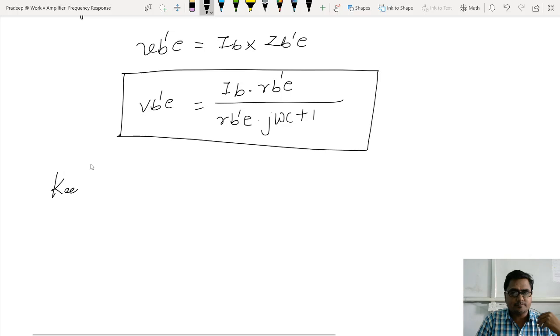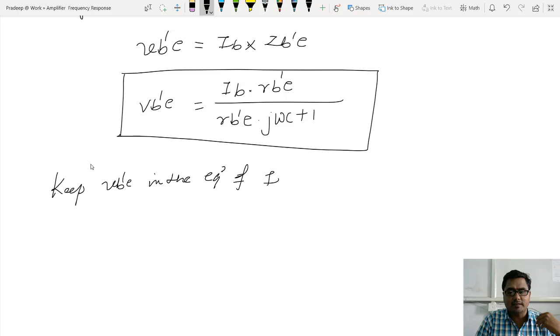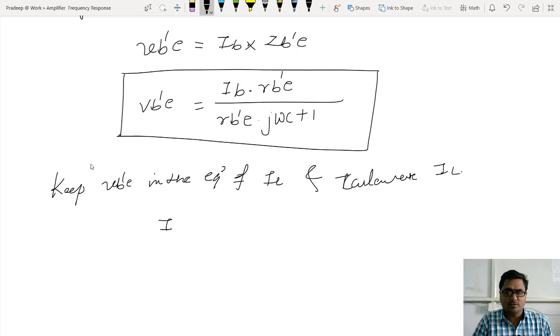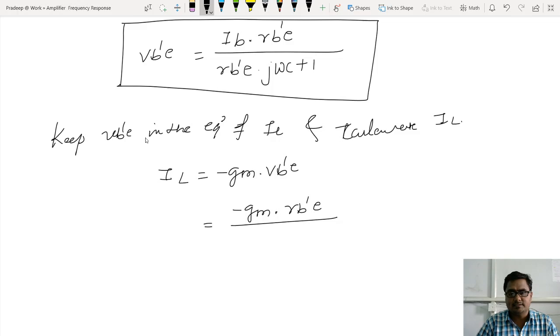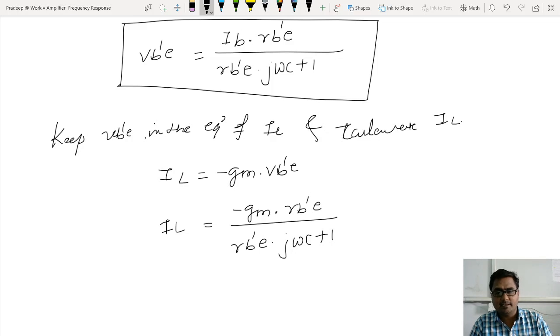IL is equal to minus gm multiplied by VB'E. So it will be minus gm multiplied by RB'E, putting in the value of VB'E, divided by RB'E j omega C plus 1. And this is the value of IL.